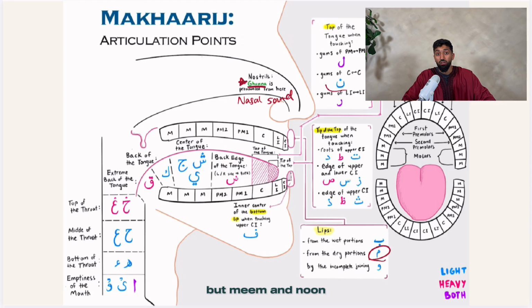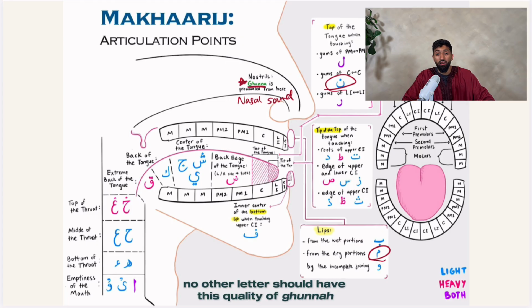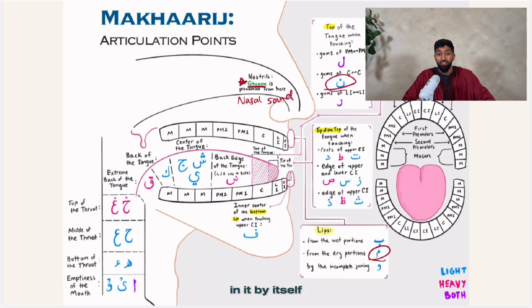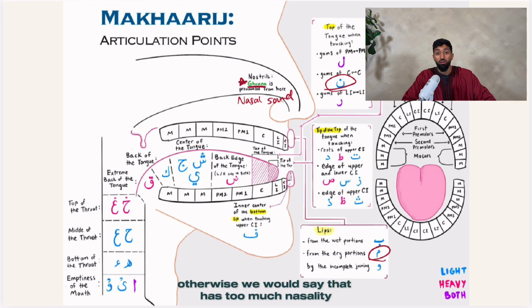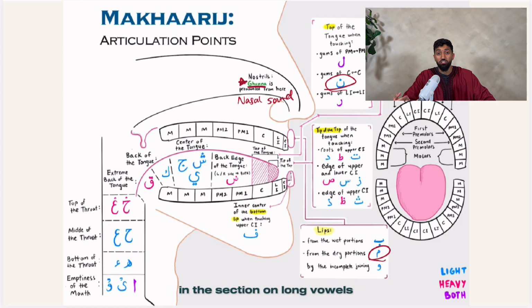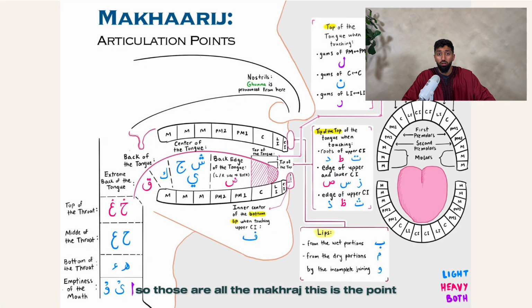But meem and noon are the two letters that have this embedded in them. So you can't say meem or noon actually while your nose is covered. It'll be very difficult. No other letter should have this quality of ghunna in it by itself. Otherwise, we would say that has too much nasality, and that's something we'll talk about in the section on long vowels. So those are all the makhaarij.